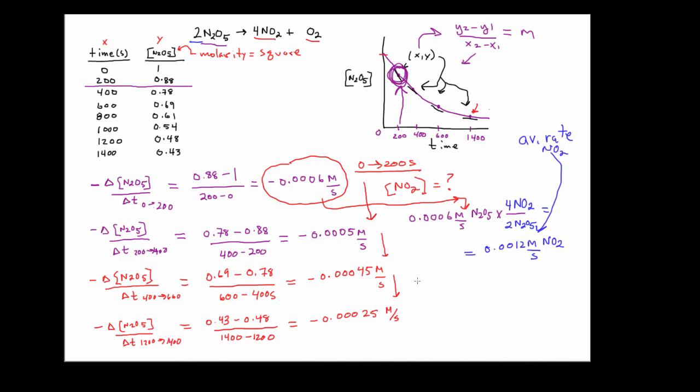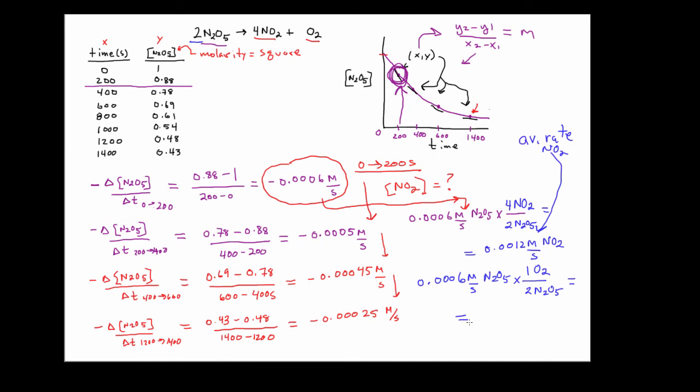And we can use the same technique to find the oxygen. So it's going to be 0.0006 molarity per second for the N2O5, and then we're going to use stoichiometry. There's 1 mole of O2 produced for every 2 moles of N2O5 that goes away.